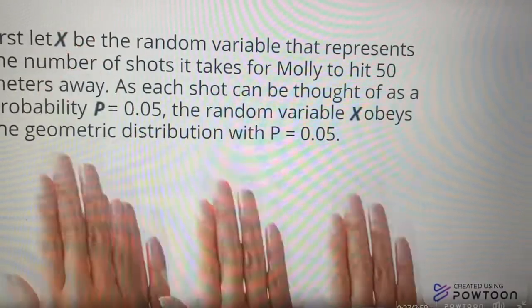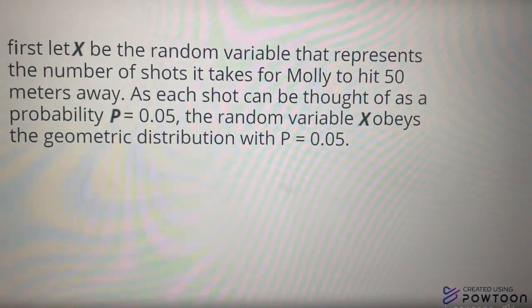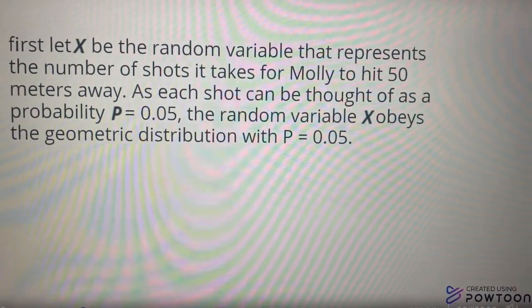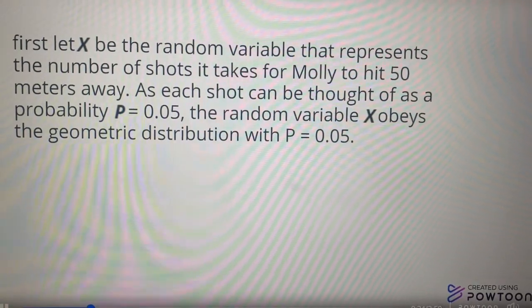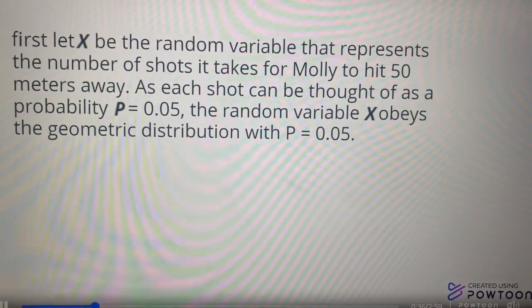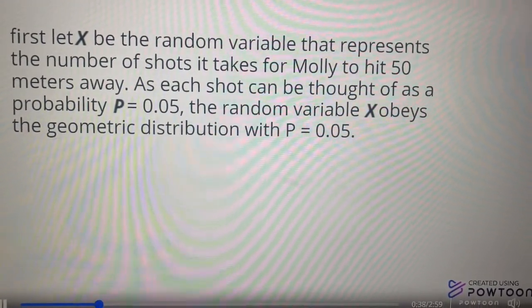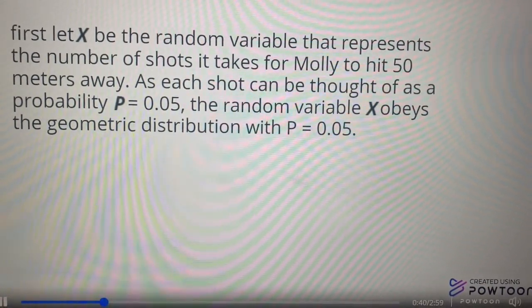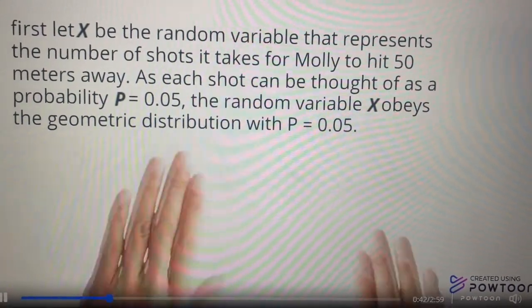First, let x be the random variable that represents the number of shots it takes for Wally to hit a target 50 meters away, as each shot can be thought of as a trial with probability p equals 0.05. The random variable x obeys the geometric distribution with p equals 0.05.